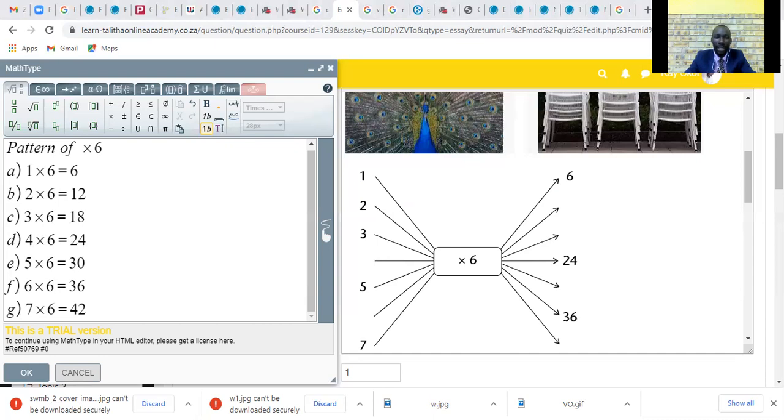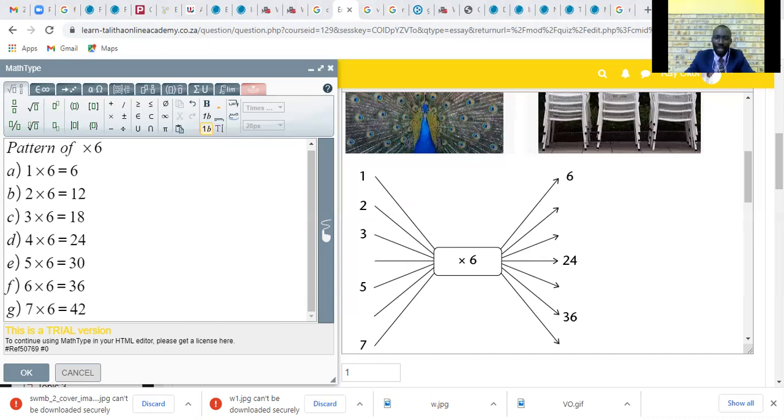Once again, you will learn how to create, recognize, describe, extend, and make generalizations about numeric and geometric patterns. Now, patterns allow us to make predictions.